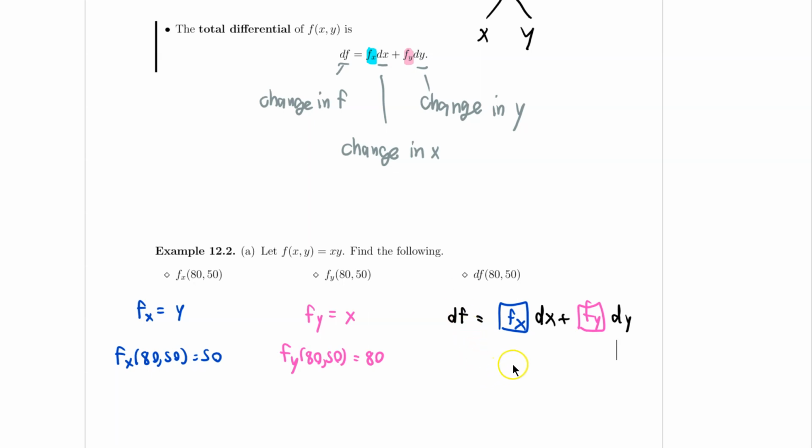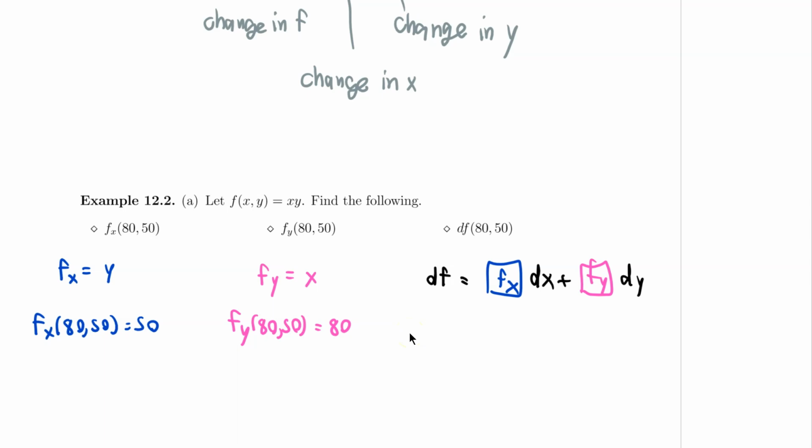Because I have already found the blue thing, f sub x, and the pink thing, f sub y, earlier, I can just plug that in. My df is going to be y times dx plus the pink thing, which is x times dy. So this is going to be my total differential for this function.